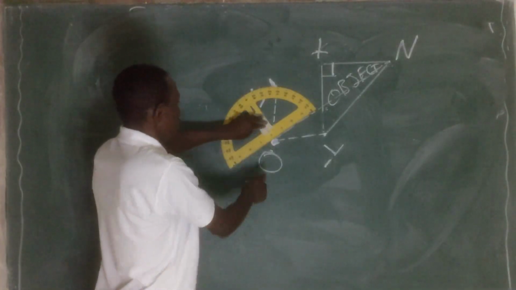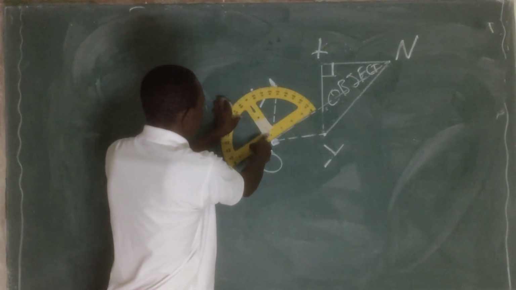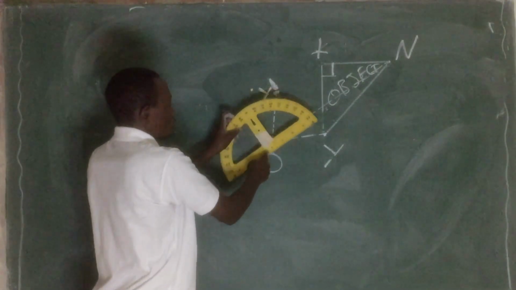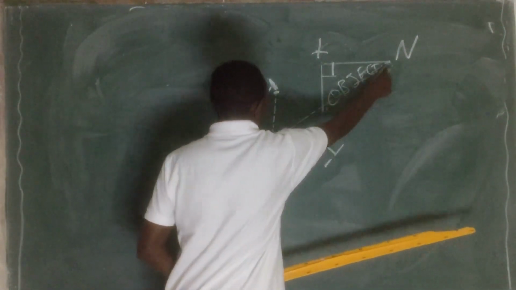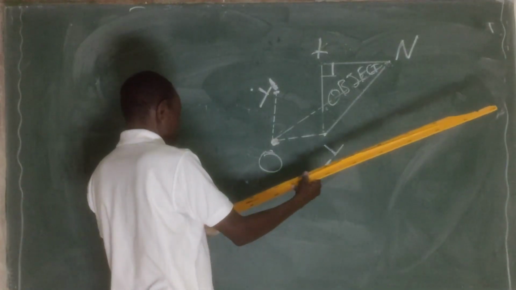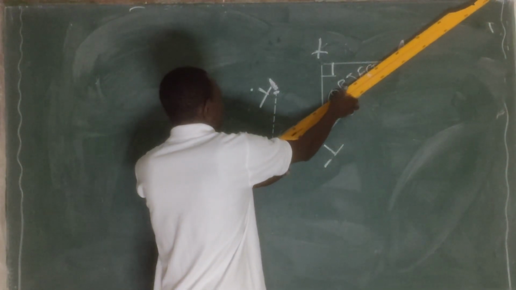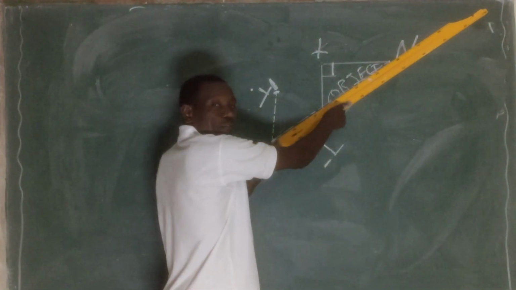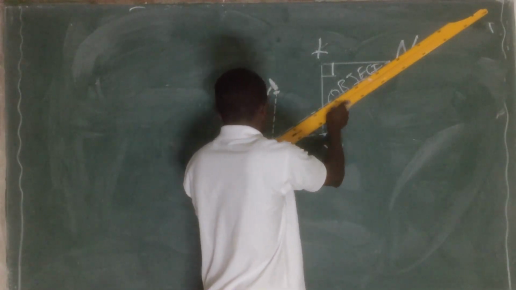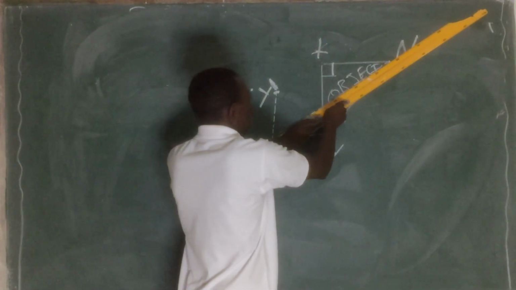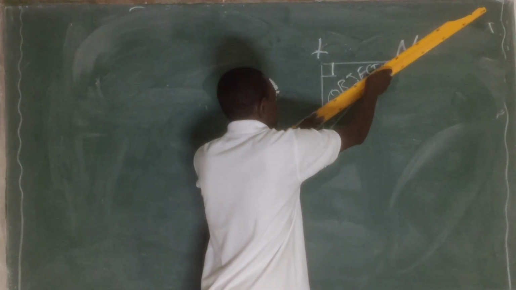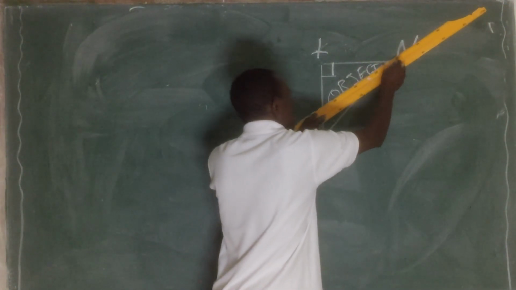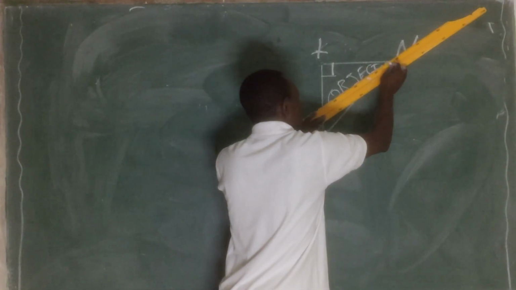As I previously indicated, here I'll also measure the distance from here up to that. I'll place my ruler like that. You can even use a pair of dividers, no problem. So considering the distance from O to N, it is about 5.6.